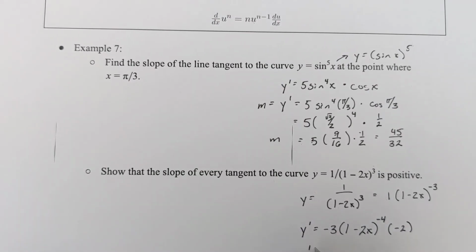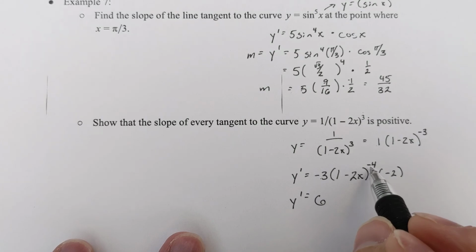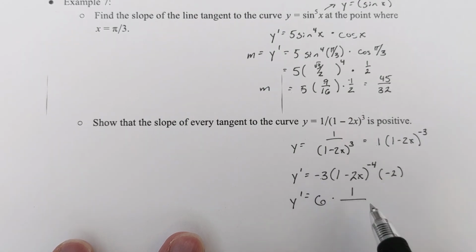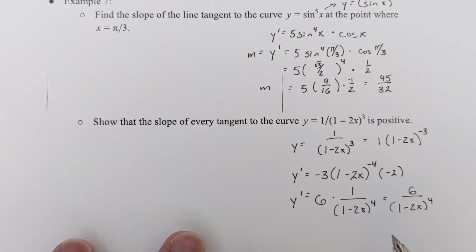So this becomes positive 6, negative 3 times negative 2. This has a negative 4th power on it, so it's on the bottom of the fraction. So this becomes 6 over (1 minus 2x), all raised to the 4th. It says, show that it's positive.